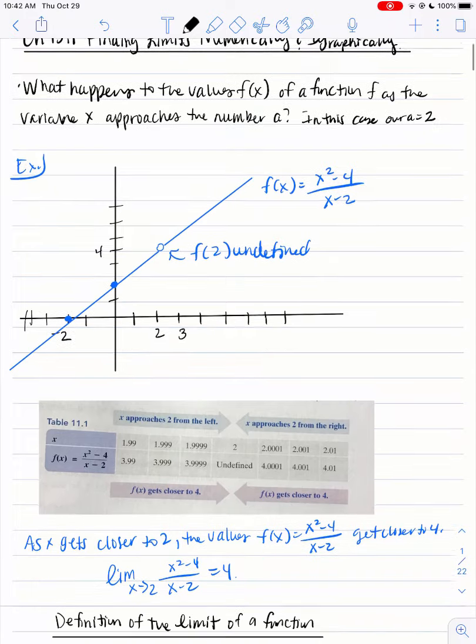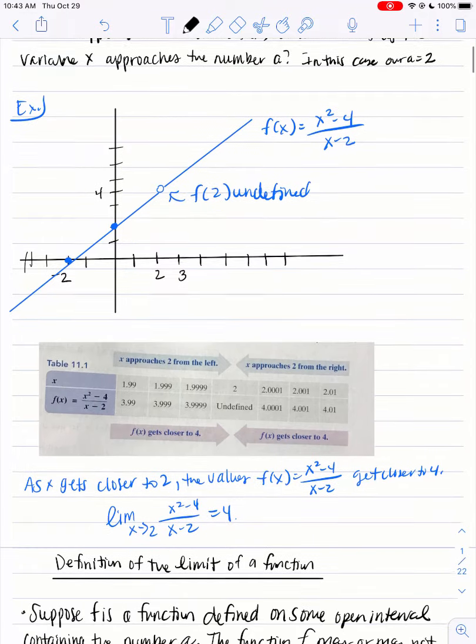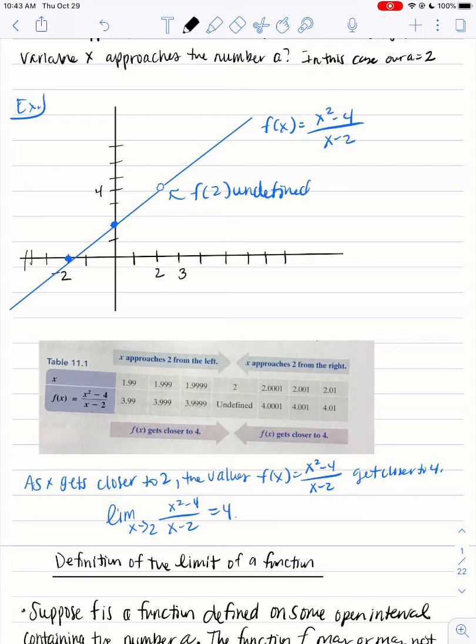We could see that as x gets closer to 2, the values of f of x equals x squared minus 4 over x minus 2 get closer to 4. So in this case, we would say that the limit as x approaches 2 of x squared minus 4 over x minus 2 equals 4. That is just a preview of what a limit is talking about.